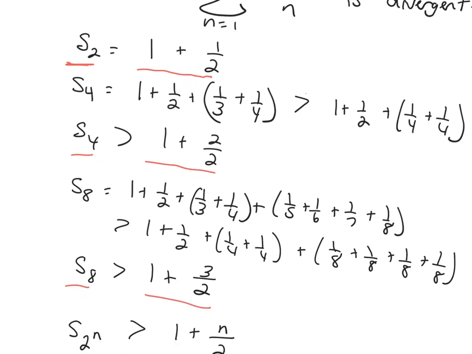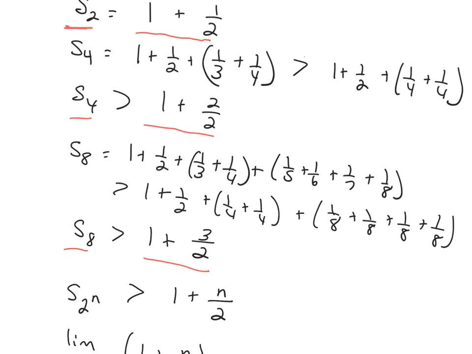And S8, which is 2 cubed, is greater than 1 plus 3 over 2. So the power of 2 is getting your numerator for your fraction. So S of 2 to the n is greater than 1 plus n over 2.